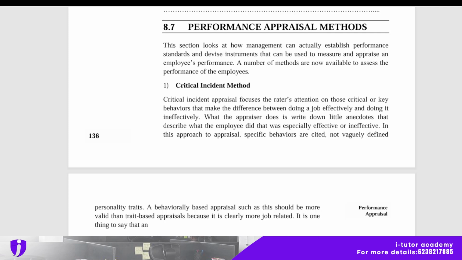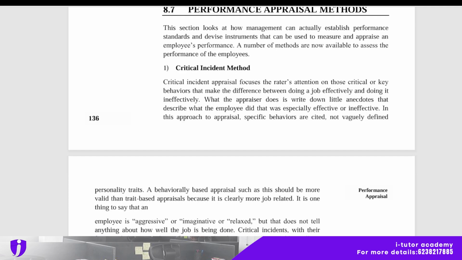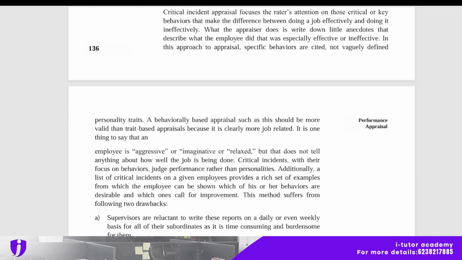In this approach to appraisal, specific behaviors are cited, not vaguely defined personality traits. A behaviorally based appraisal such as this should be more valid than a trait based appraisal because it is clearly more job related. It is one thing to say that an employee is aggressive or imaginative or relaxed, but that does not tell anything about how well the job is being done.